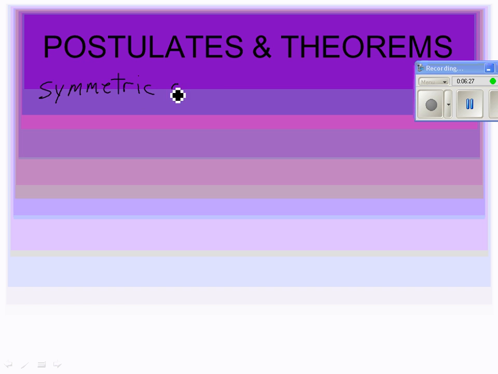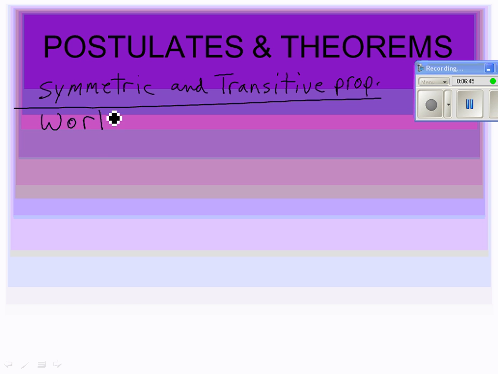Symmetric and transitive properties also work for segments. That's all they're telling you here. They worked in algebra, and any algebra stuff, they also work on any segments. I'll write an example of each one up here just to help you out.